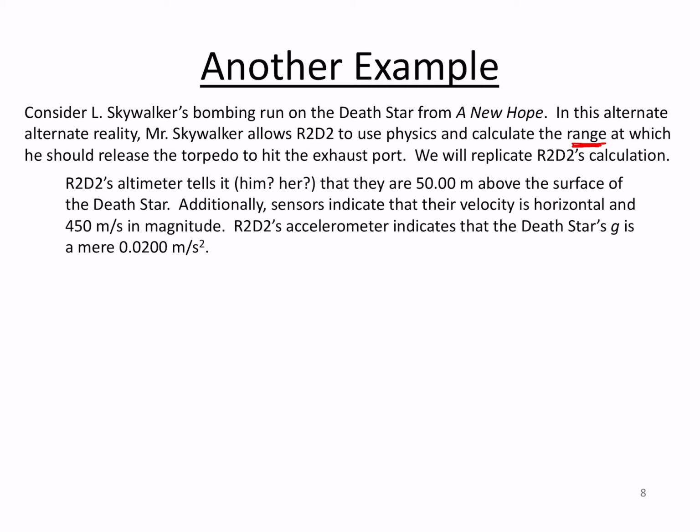But they do have things like what the mass of the Death Star is meant to be and size. You can look all this up on a place on the internet called Wikipedia. Hilarious. And when you do the calculation, you find that g for the Death Star is a mere 0.02 meters per second squared, okay? So 2 centimeters per second squared.